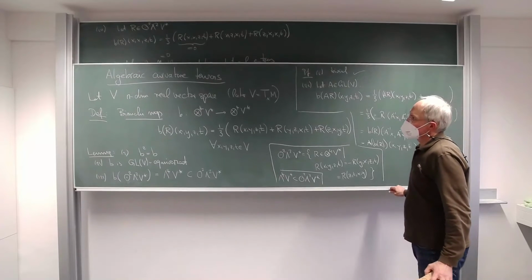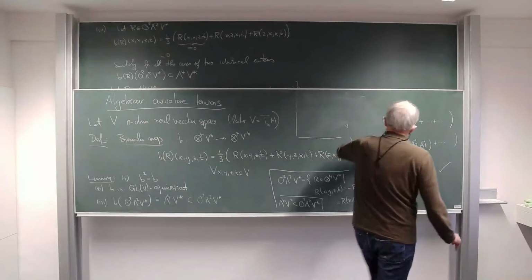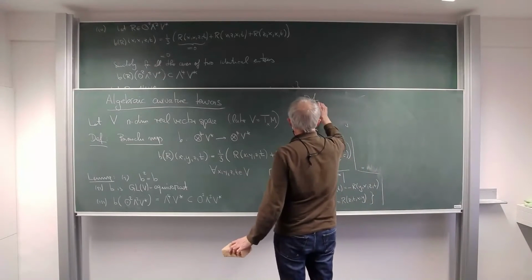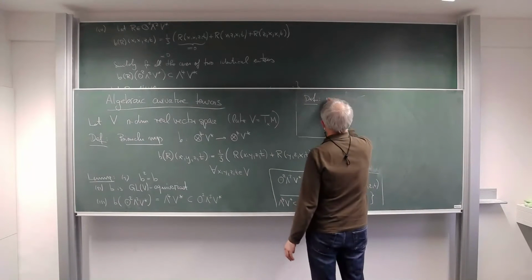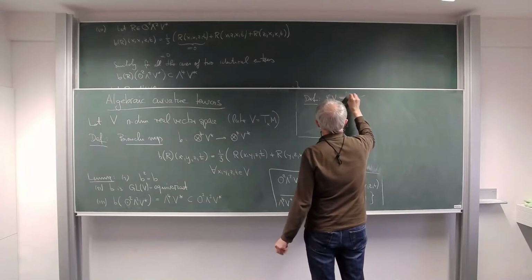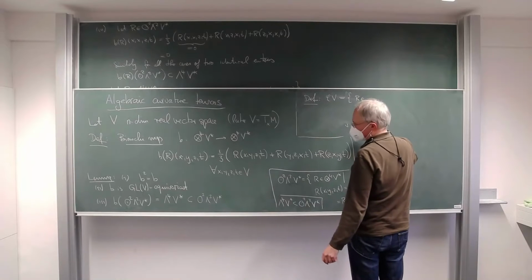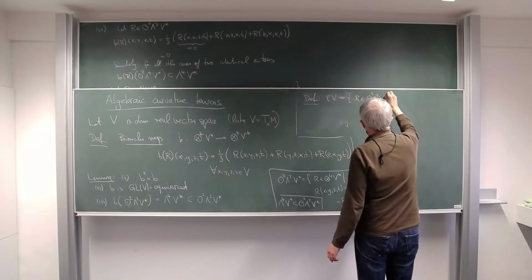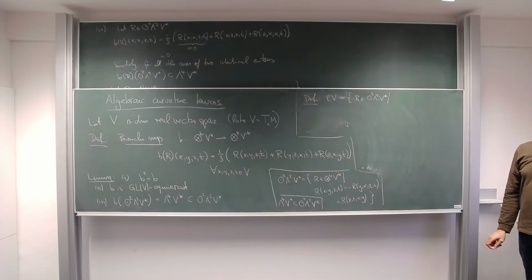Now I'm ready to define the space of algebraic curvature tensors. Definition. Namely, CV is by definition the set of all algebraic curvature tensors satisfying these symmetries: antisymmetric in slots 1, 2, antisymmetric in slots 3, 4, symmetric in the pairs 1, 2 and 3, 4.